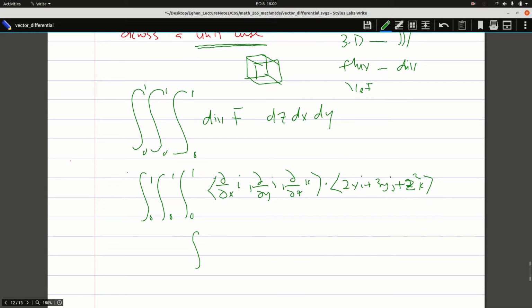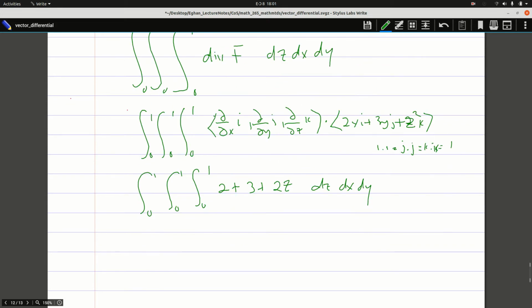Then I'm simply going to have 2 plus, it is dotting, so 2 plus 3 plus 2z. I told you i dot i is equal to j dot j is equal to k dot k is equal to 1. So this is what I have to just work out. It means I'm simply finding the integrand as 5 plus 2z.